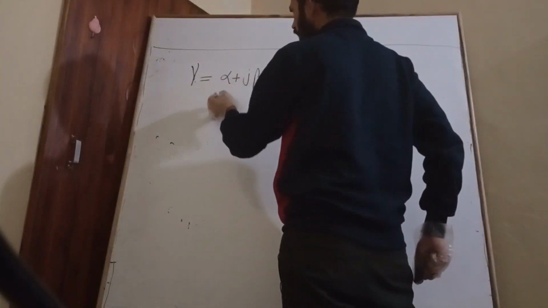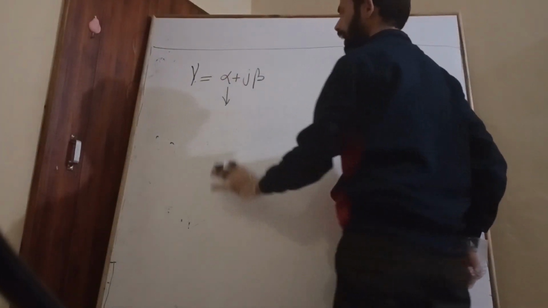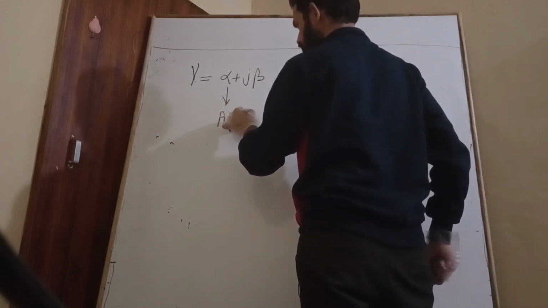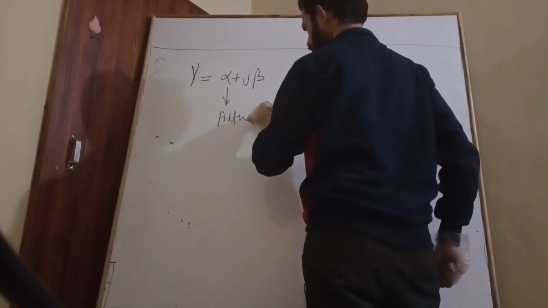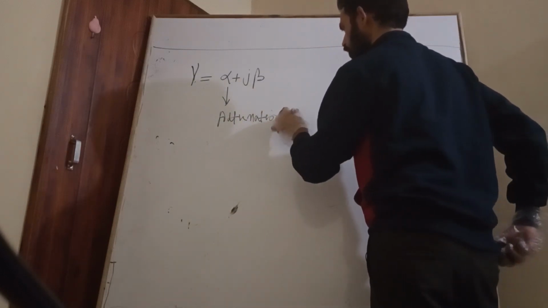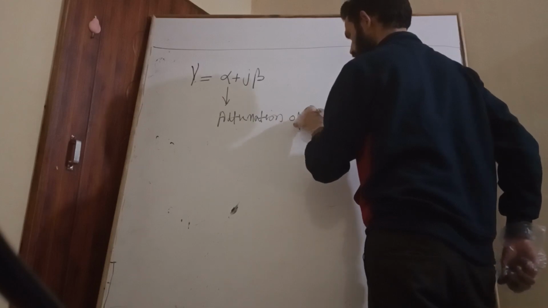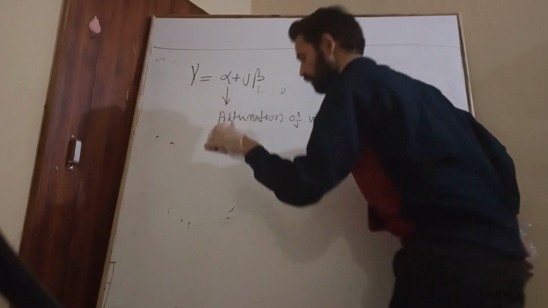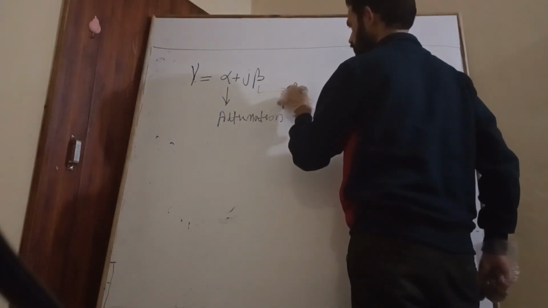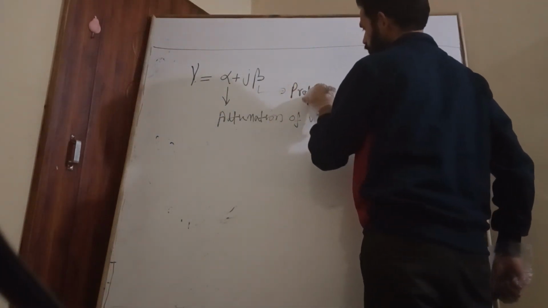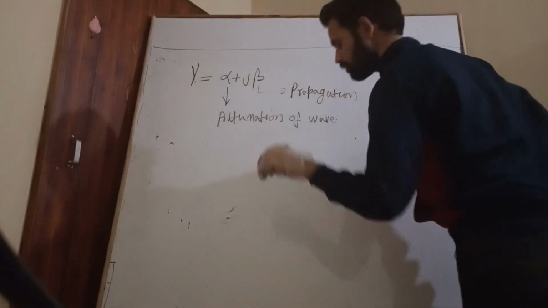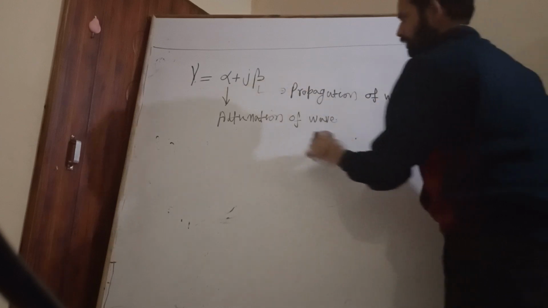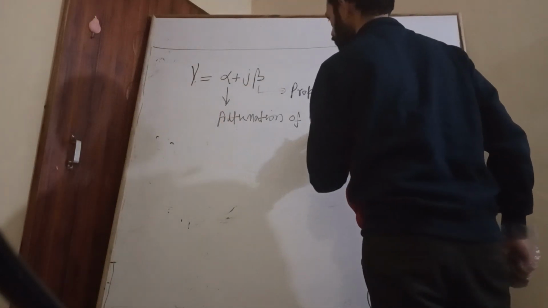What exactly does alpha indicate? Alpha indicates the attenuation of the wave propagating through the waveguide, and beta indicates the propagation of the wave.